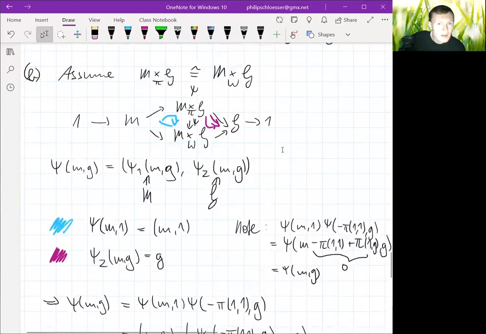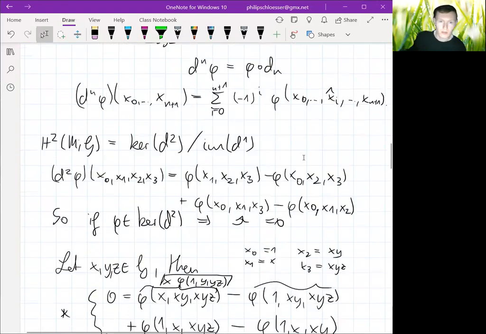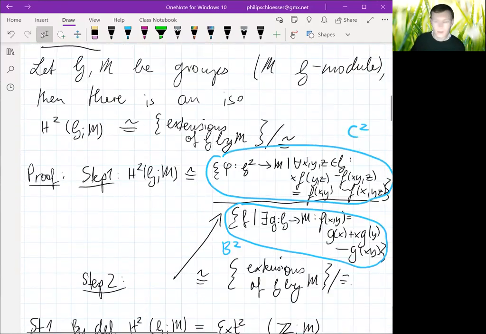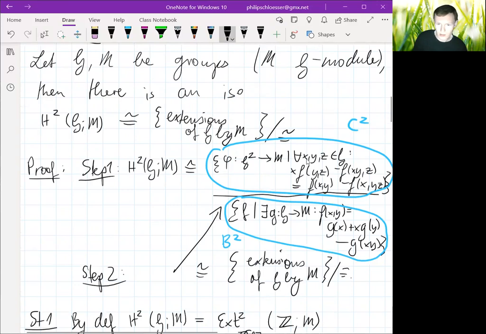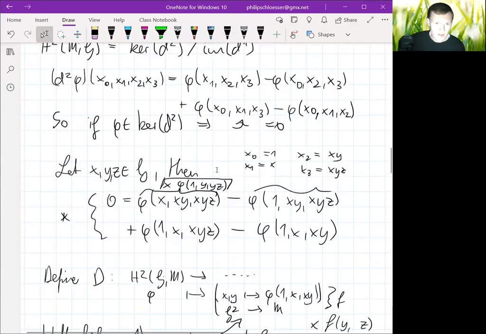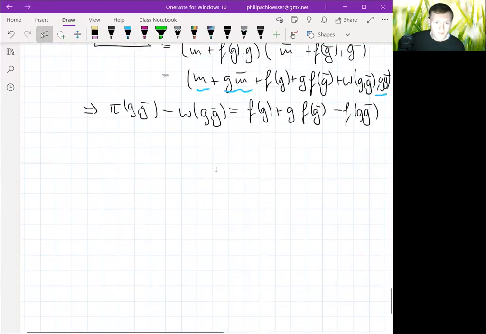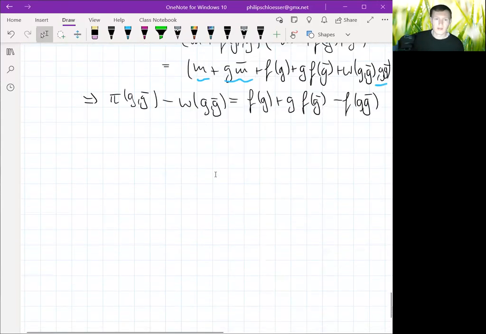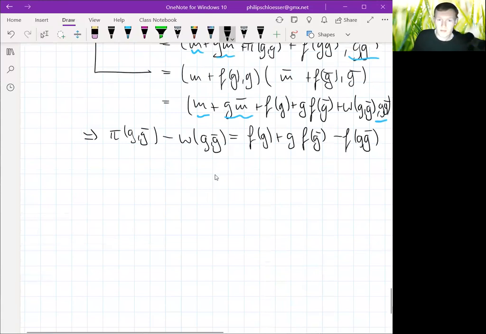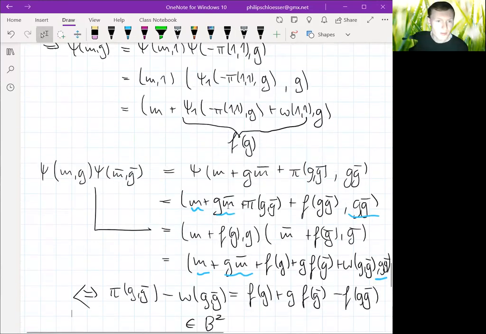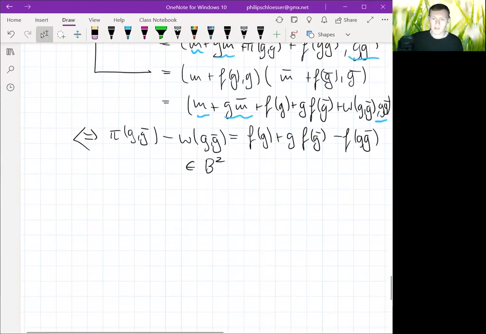And if we recall our definition for coboundaries, we see that it is the first thing times the function applied to the second thing minus the function applied to the product. Yeah, okay, so this thing is in B2. And I guess working backwards, you find that this is an equivalence.